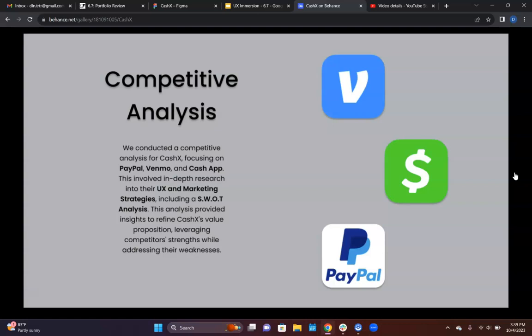The competitive analysis involved deep dives into their UX and marketing strategies to determine what they're doing well and where they leave some opportunities open. We also conducted a SWOT analysis to decide what we liked that they were doing or what we thought they could improve on.